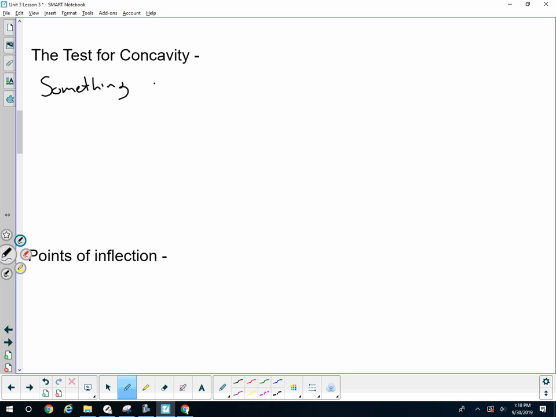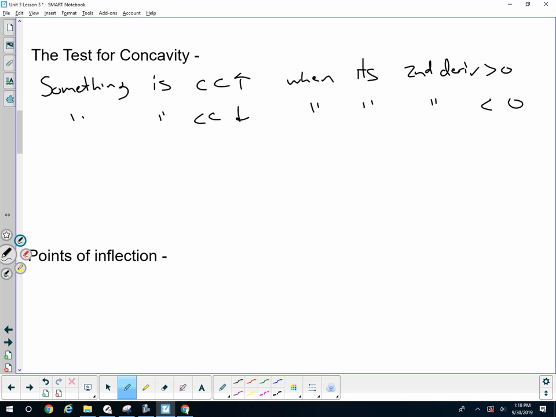Something is concave up when its second derivative is positive. Something is concave down when its second derivative is negative. No concavity if its second derivative equals 0.